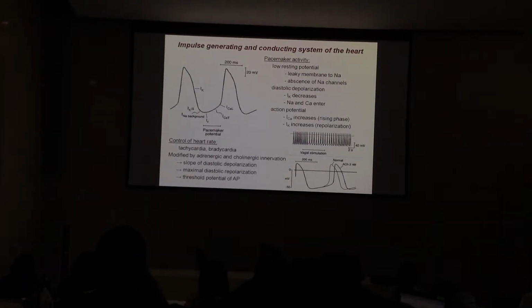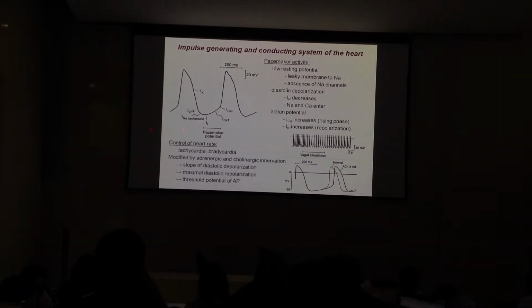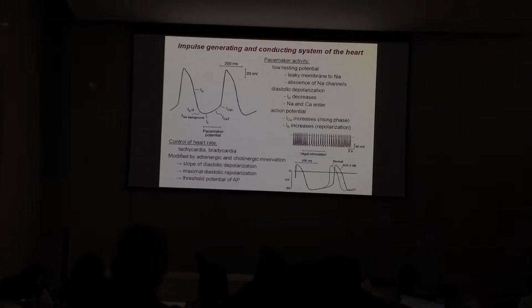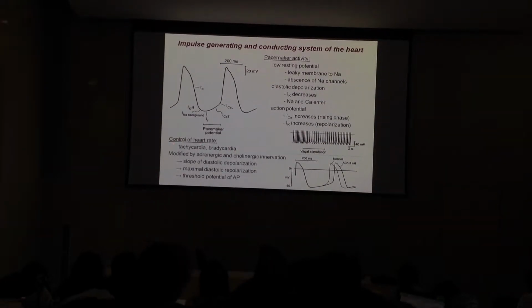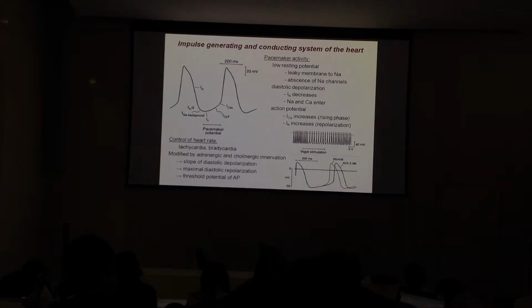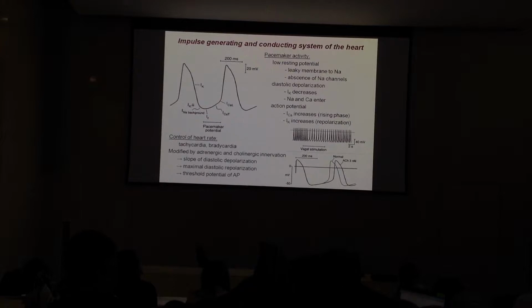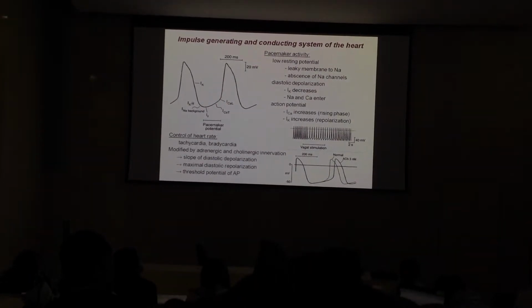Do you know, the normal heart rate in human persons is 60, 70 per minute. If the heart rate is lower than 60, we can speak about bradycardia. And if the frequency is higher than 70, we can speak about tachycardia. Now the question is, how can the duration of this diastolic depolarization change? Can it be longer or can it be shorter?